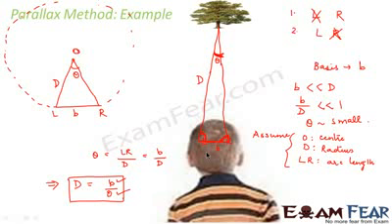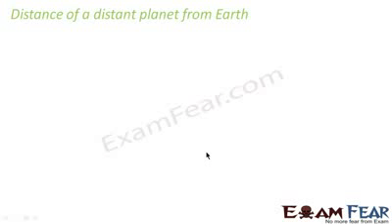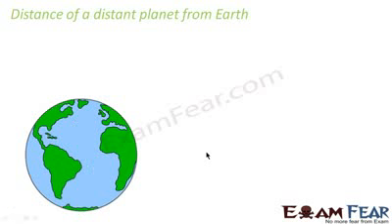We will see another example here. Now let us suppose we have to find the distance of a distant planet from Earth. So this is the Earth and this is a distant planet. So we want to find the distance between this Earth and the distant planet.